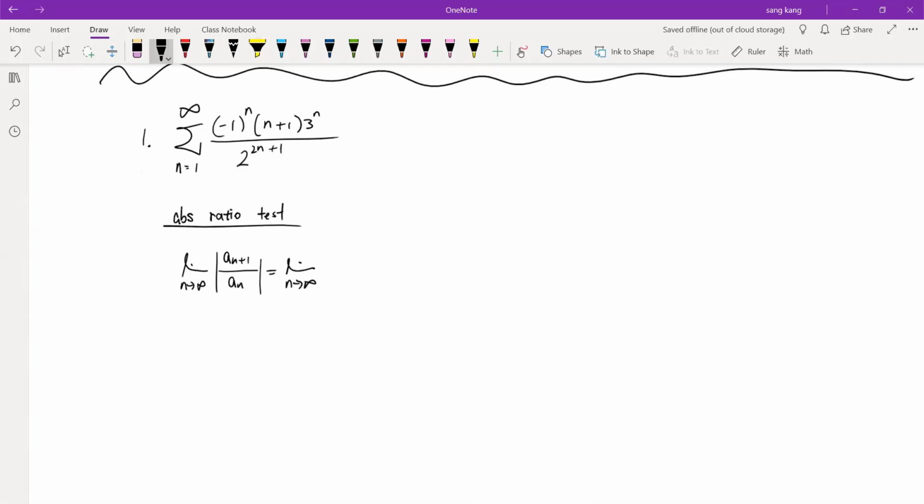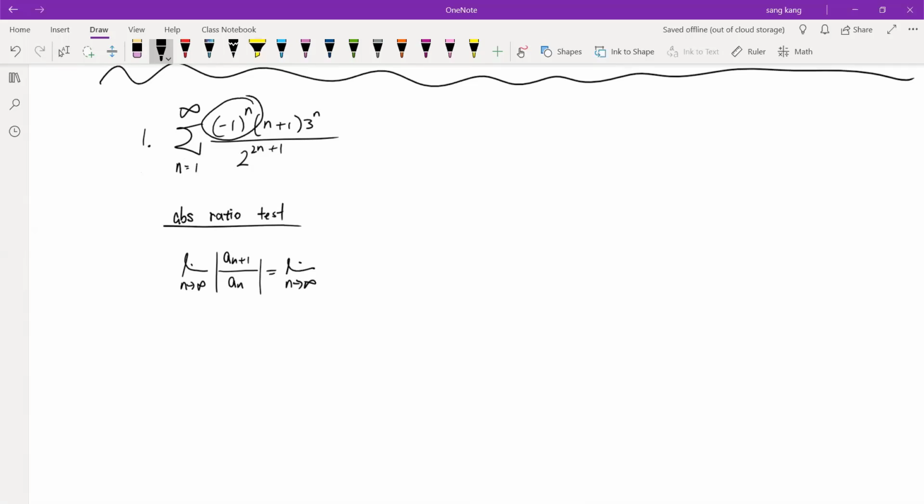So if we have the absolute value, we can drop this -1 to the n, because that term is what's making it alternate and switching back and forth from negative and positive. And since we're taking the absolute value, we don't need that.